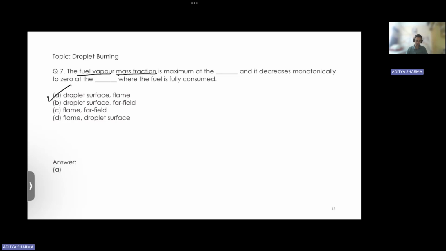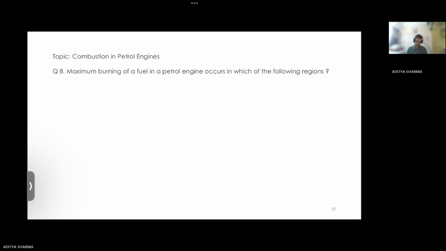Then the next question is on combustion in petrol engines. This is question number 8. It states that maximum burning of a fuel in a petrol engine occurs in which of the following regimes?